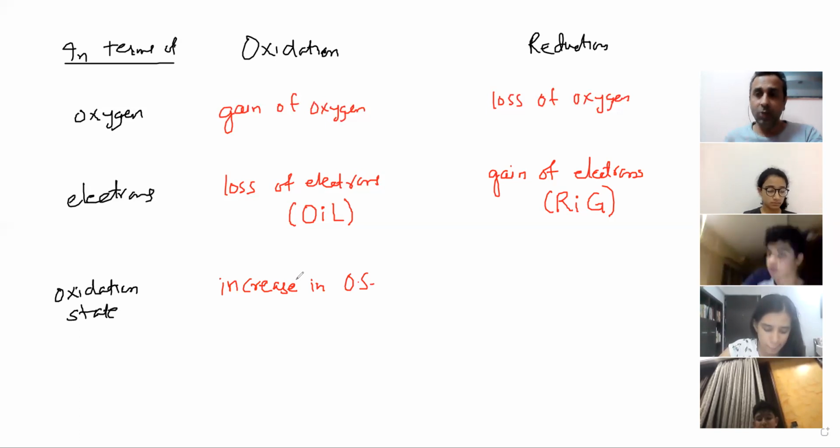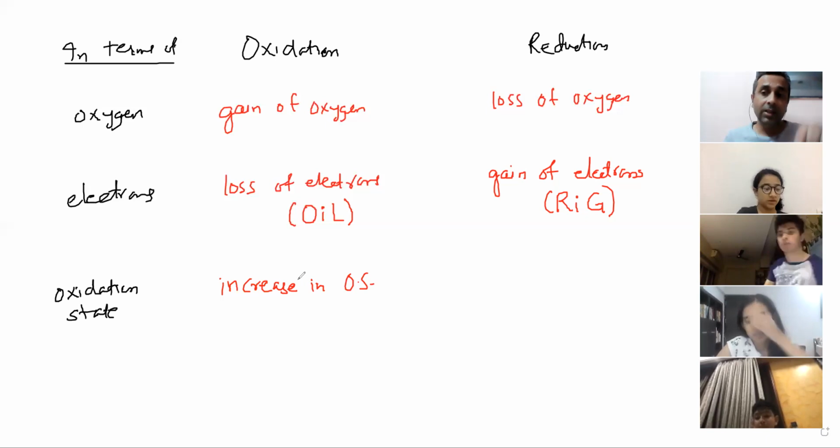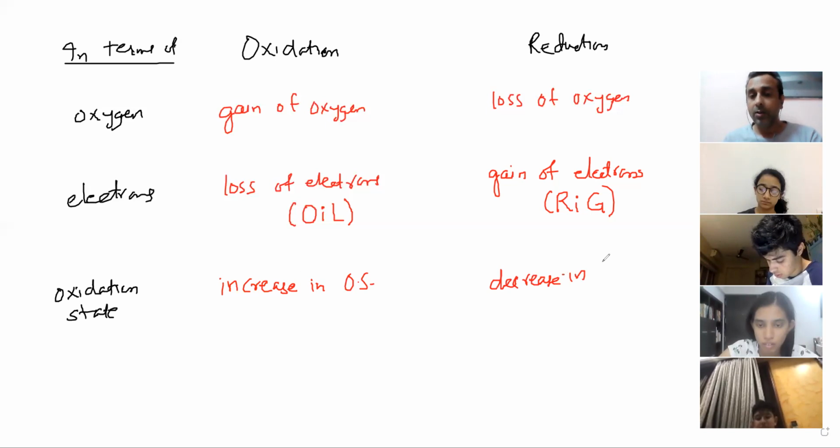If yes, then check whether it is increasing or decreasing from reactant to product. If it is increasing, then we say that substance has got oxidized. And if there is a decrease in the oxidation state, then we say that substance is getting reduced. We will see examples.